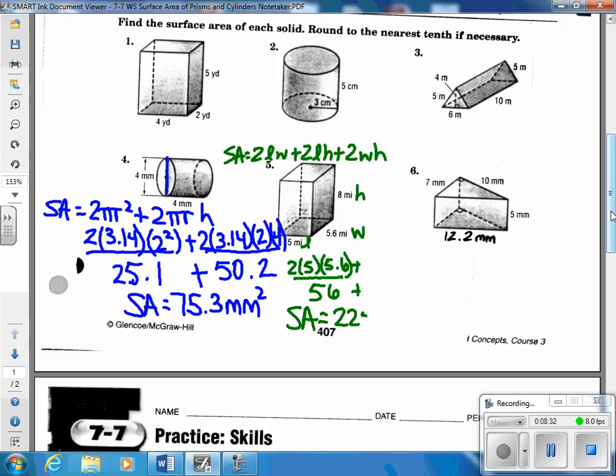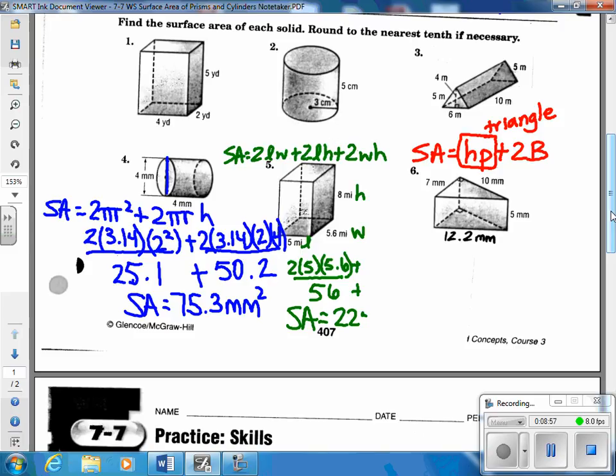The formula for the surface area of a triangular prism is H times P plus 2 times capital B. The H stands for the height of the triangle. This whole piece is talking about the triangle. The P stands for the perimeter of the triangle, which means all 3 numbers around the outside edges added together.